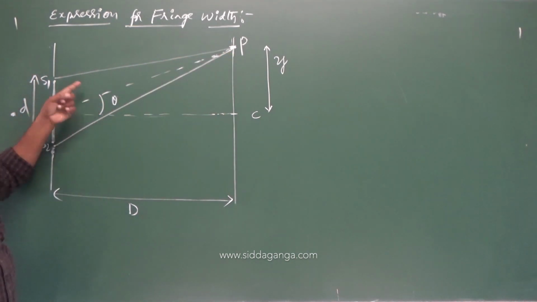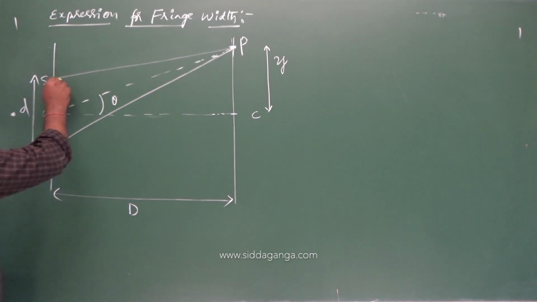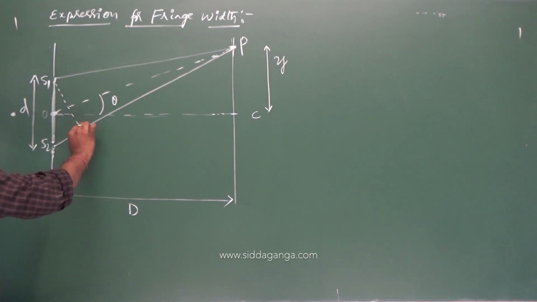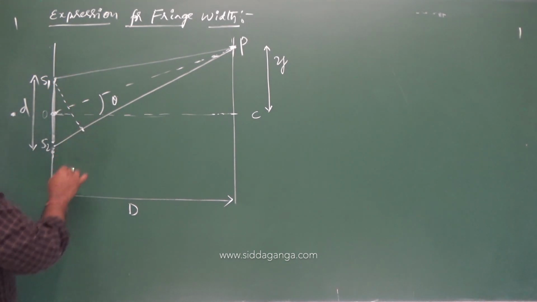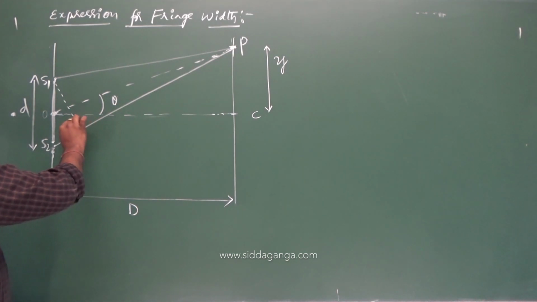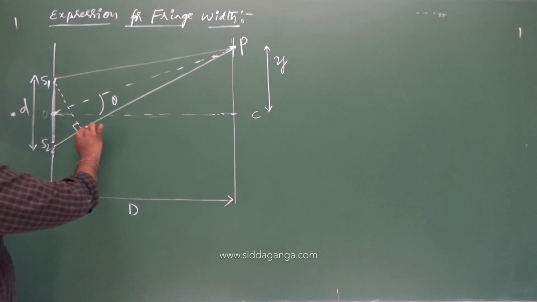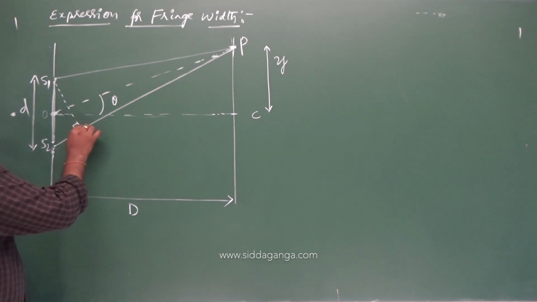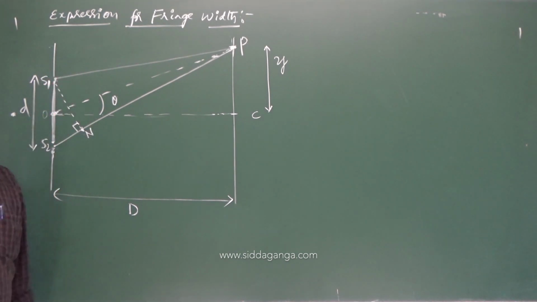Theta I have taken, and I am going to draw a normal from the point source S1 to this line S2P, remember, the foot of the perpendicular I am going to call N. Foot of the perpendicular means these two are perpendicular to each other.